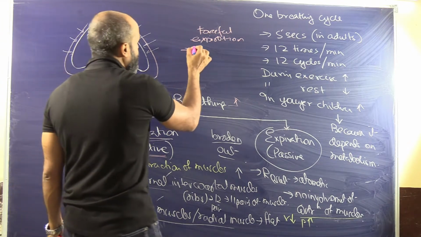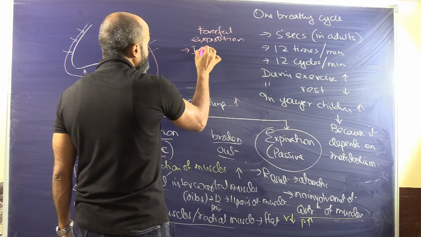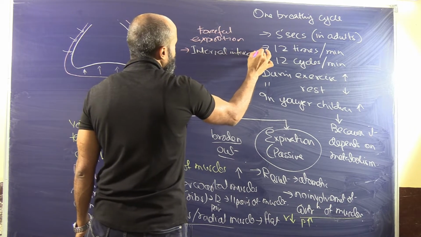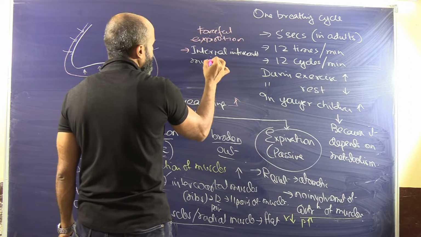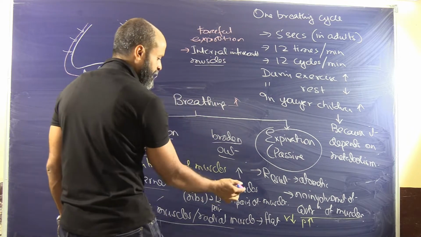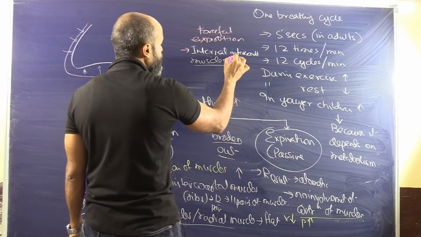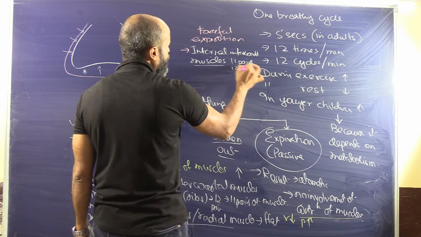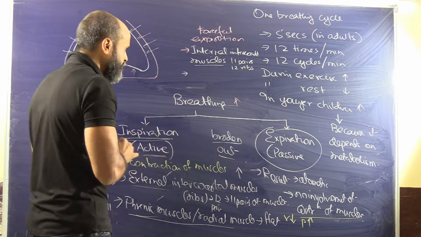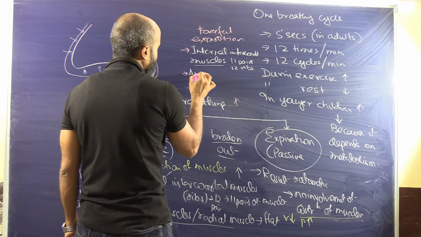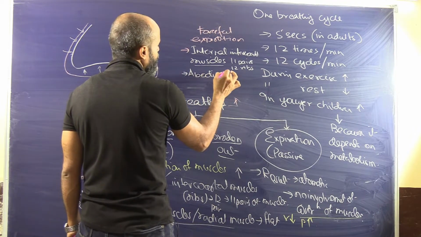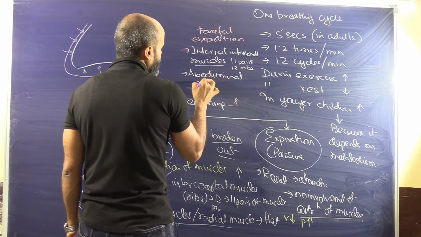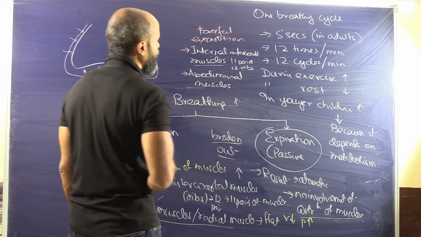These are basically internal intercostal muscles, which are located again between the ribs, and again they are also 11 pairs between the 12 ribs that we have, and the abdominal muscles, which basically push the diaphragm upwards.